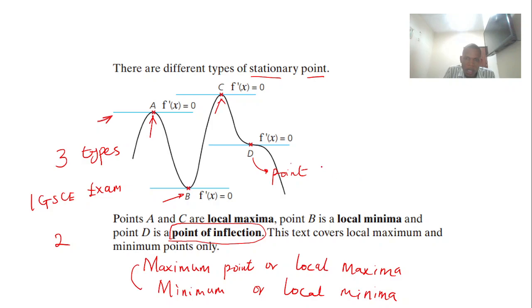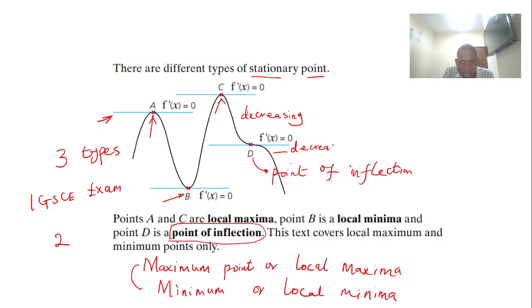Why is it called a point of inflection? Please pay attention. When this curve is going down along this part, the gradient is decreasing, because the curve is going downward. If you check this region, the gradient is still decreasing.